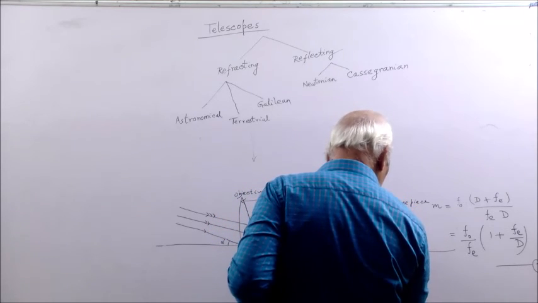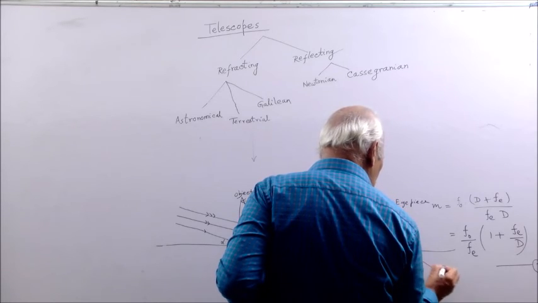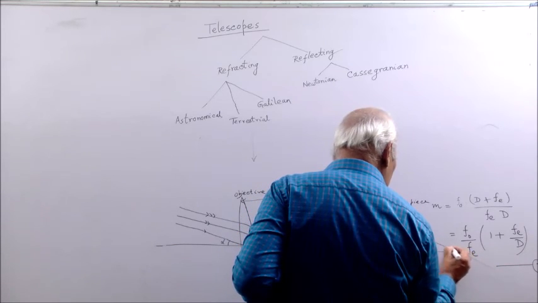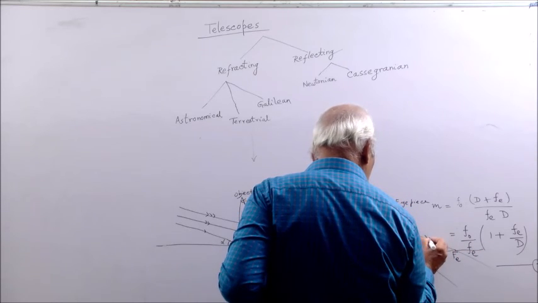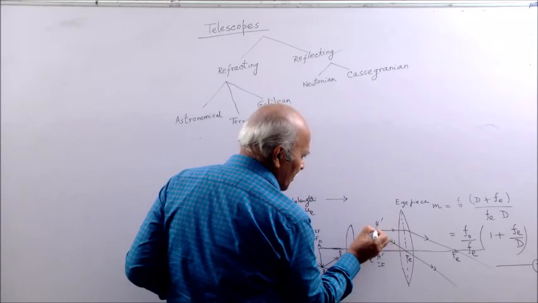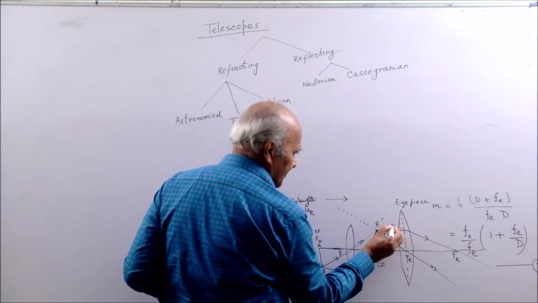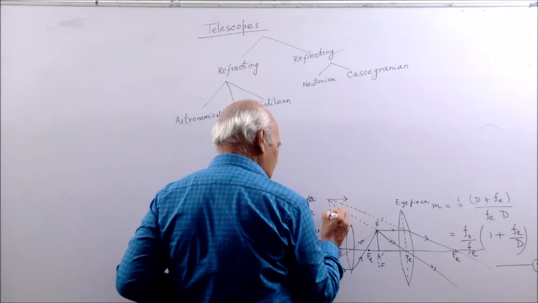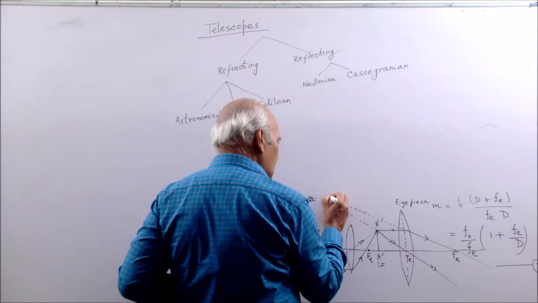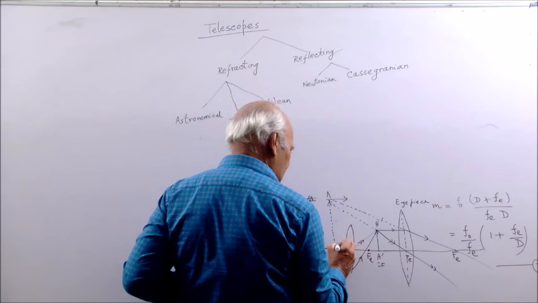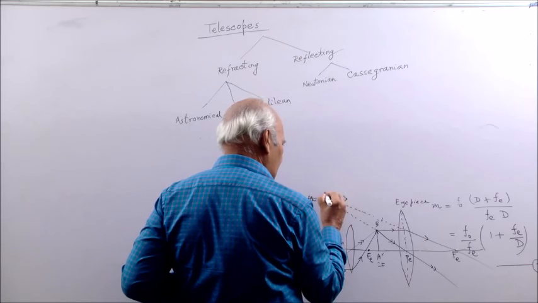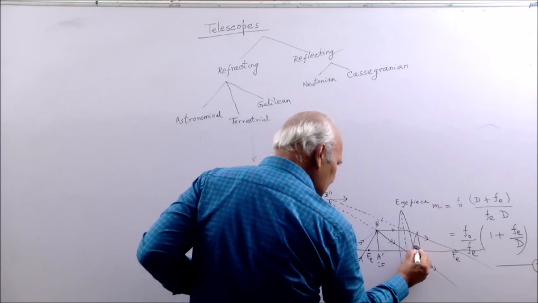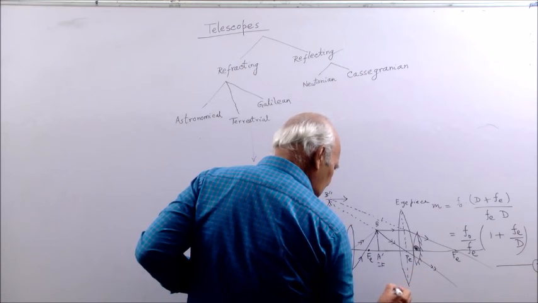The second one goes like this, and the first one will be like this, and they are to be produced backwards to get the final virtual image A double dash B double dash, and this is at a distance capital D from the eye of the observer.